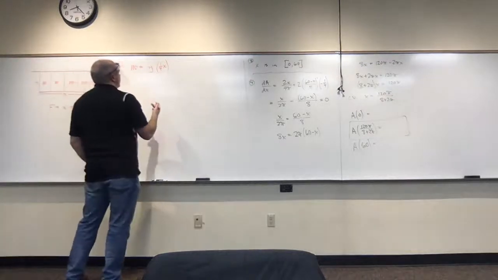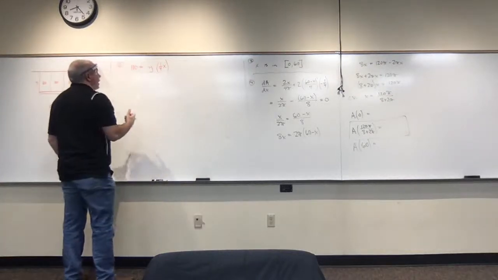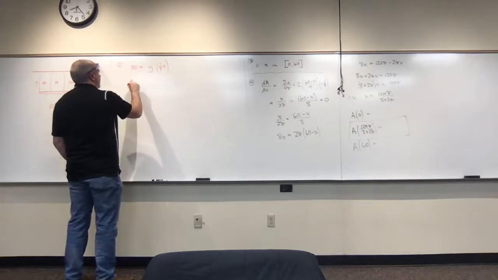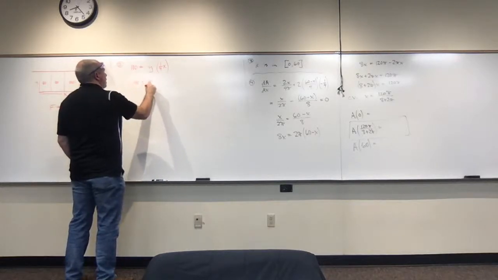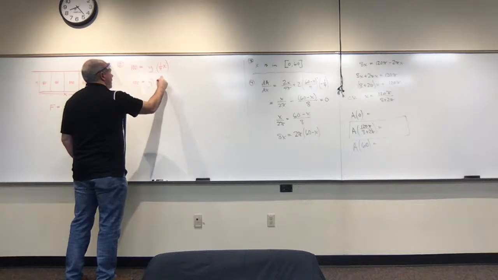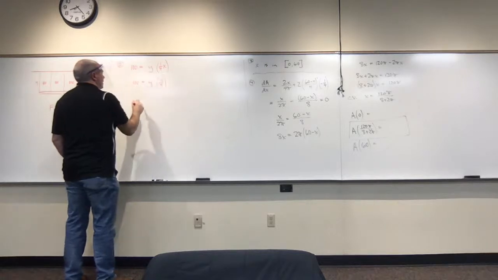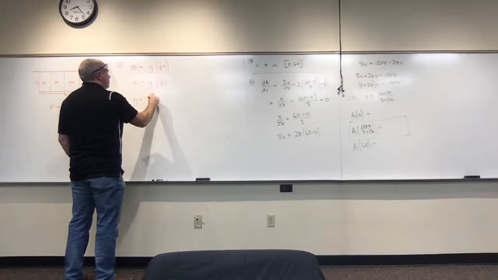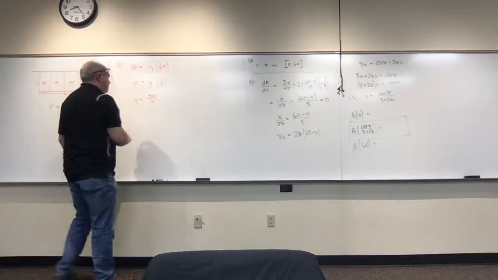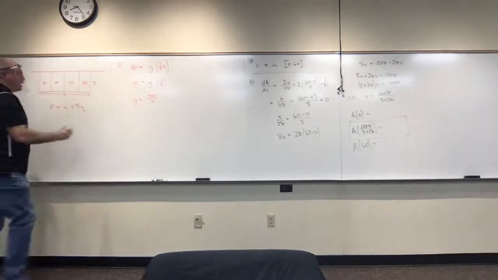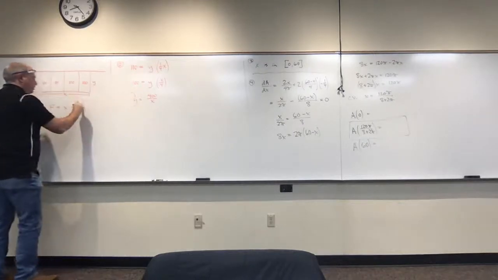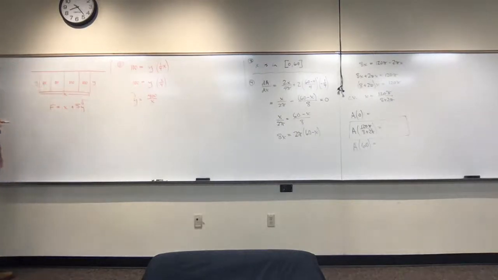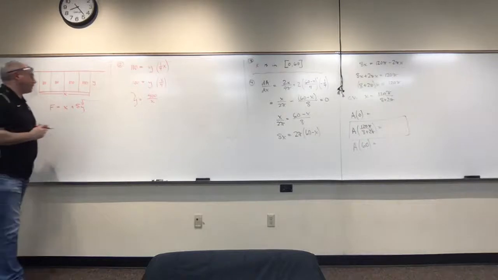So let's just solve for, let's say, Y. So I get that 100 is equal to Y times X over 4. And so that means that Y is equal to 400 divided by X. Now I can take that Y, plug it in here for Y, and I get a new formula for my fencing.